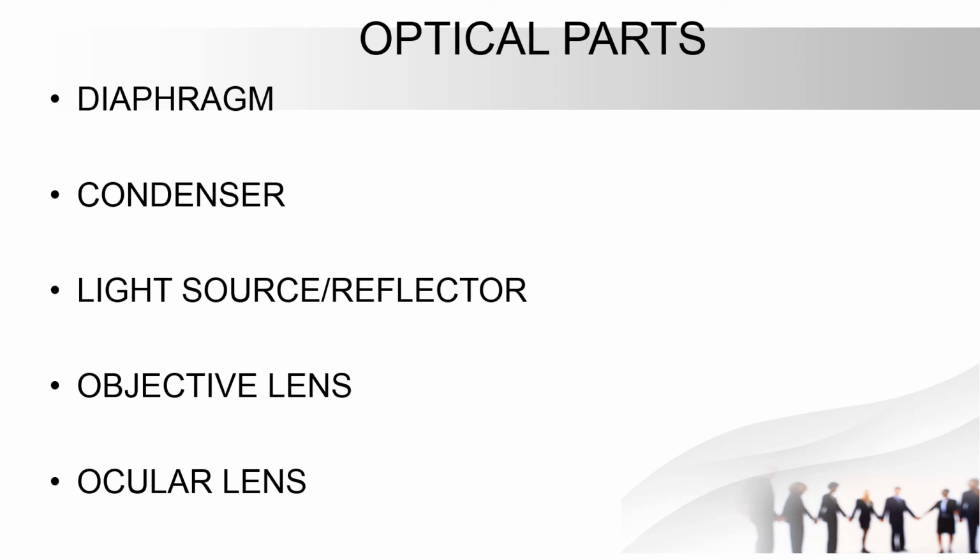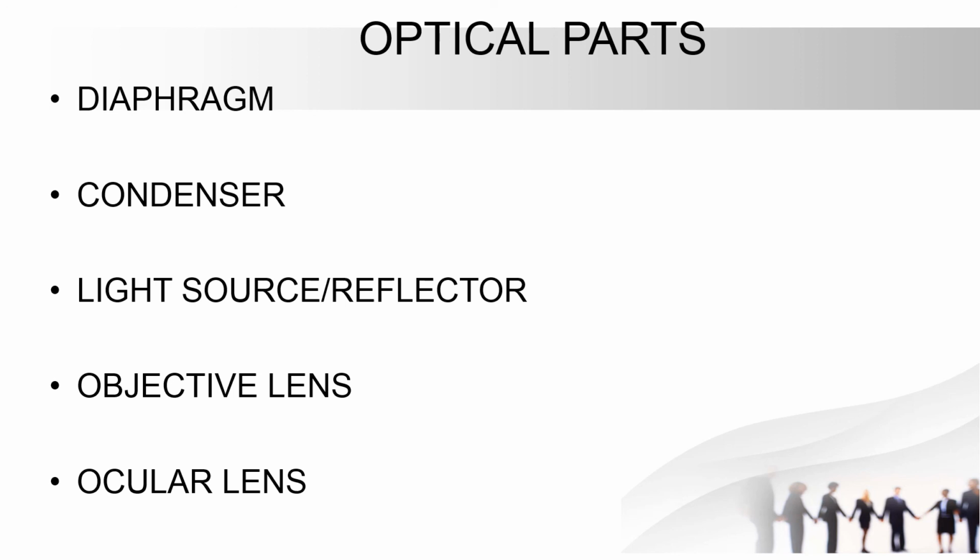We've come to the end of the lesson. First of all, you need to note that a compound microscope is a type of microscope that combines compound lenses in order to achieve high magnification.